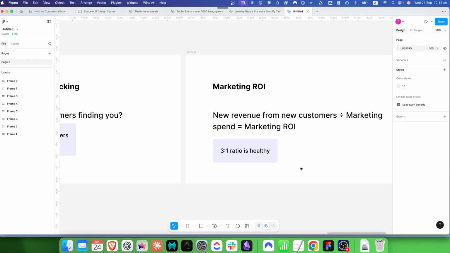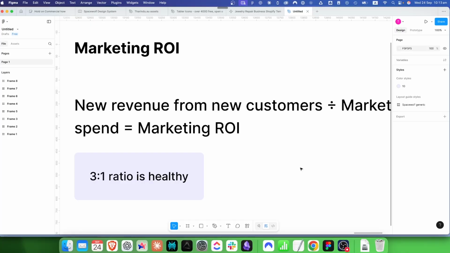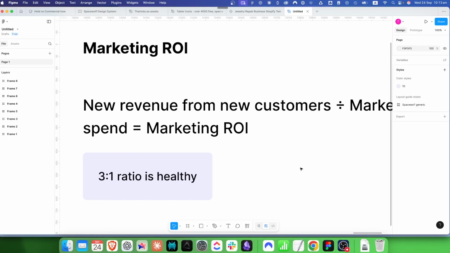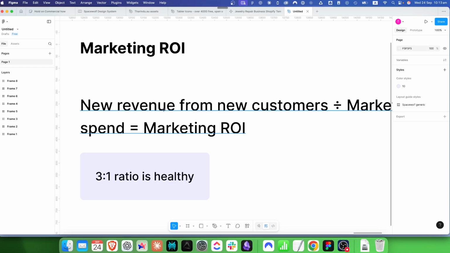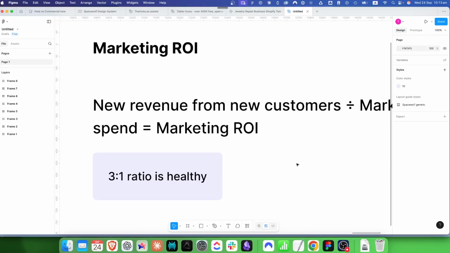Yes, marketing ROI. So what's your return on investment on the marketing investment? That's pretty much what this is. So how do you get this? New revenue from new customers divided by marketing spend, and then you get marketing ROI as a ratio. And if you want, you can multiply this by 100 to get a percentage.